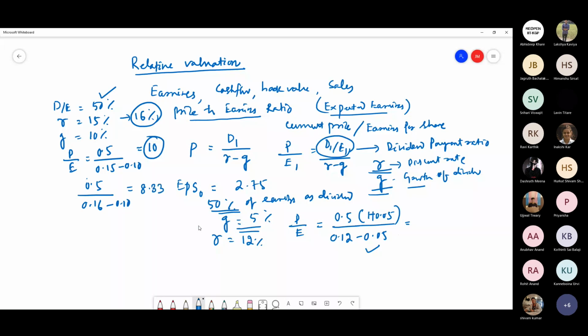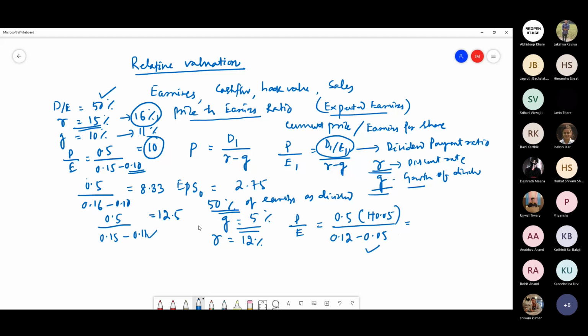Let's say we have increased the growth rate from 10% to 11%. Then your P by E ratio will be 0.5 divided by 0.15 minus 0.11. We are keeping the discount rate constant and we have increased the growth rate by 1%, so it will further increase to 12.5 because the denominator will go down.